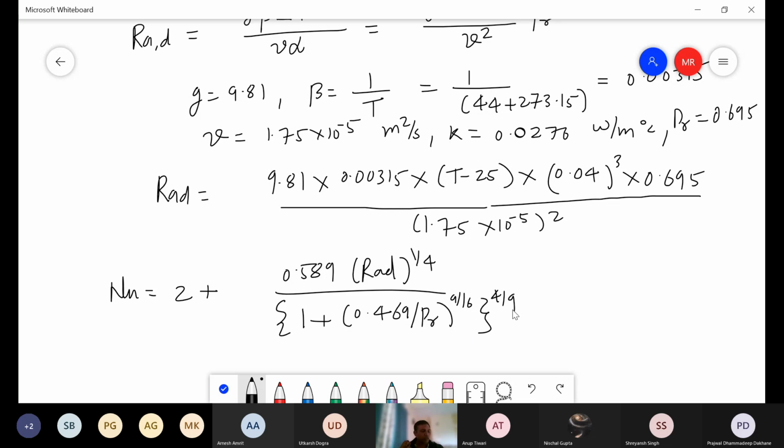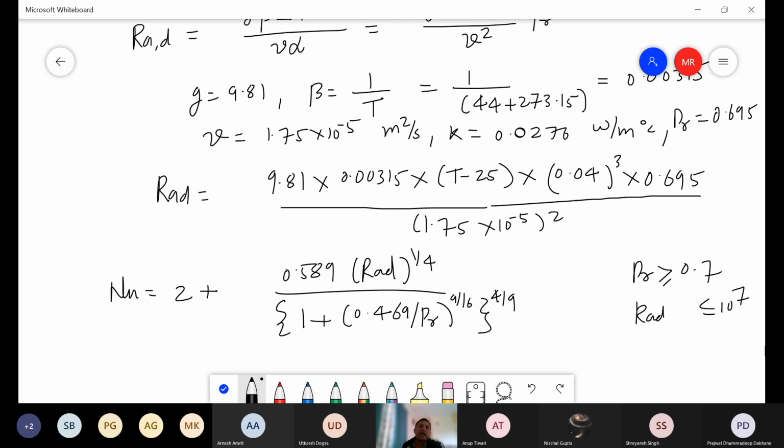Okay, is it clear what we are doing? This equation is valid for Prandtl number greater than or equal to 0.7 and Rayleigh number less than or equal to 10 raised to power 7.